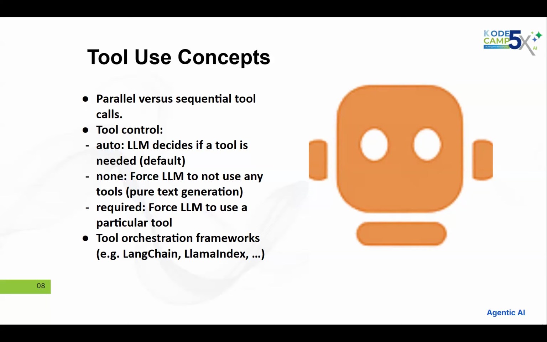Such frameworks include LangChain, LlamaIndex, and CrewAI, those same agent development frameworks that we talked about last week or two weeks ago. They make it easy to handle that part of the tool function call workflow where your code is supposed to act. We'll be using that method in this course.